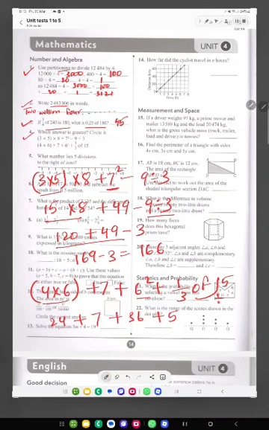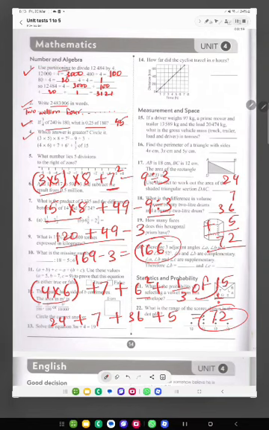Adding them all, you can add vertically 24 plus 7 plus 36 plus 5. You will get 72. So the value of the second expression is 72. The value of the first expression was 166. So the first expression is greater. Okay, all good.